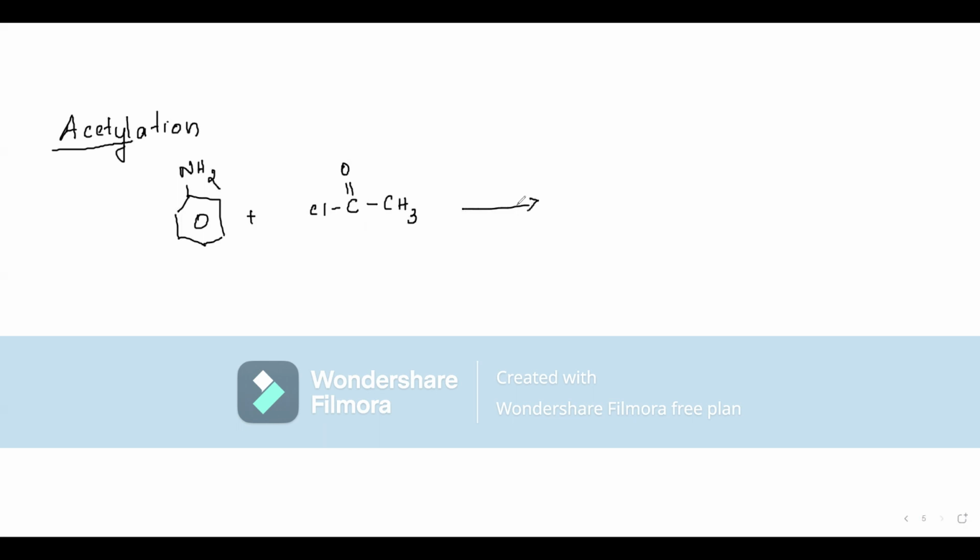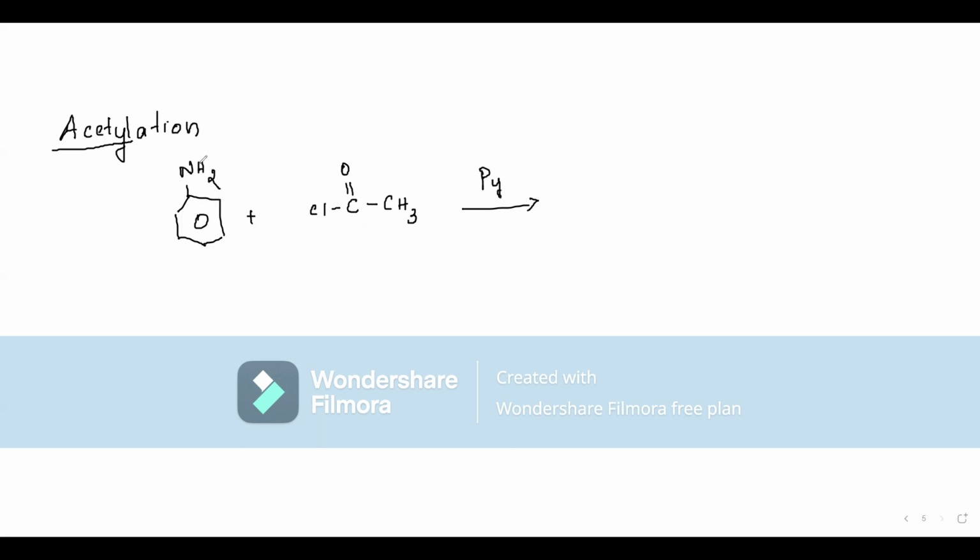Now, the next reaction is acetylation. We have studied this reaction also earlier, but we are repeating it using aniline. So this is aniline. For acetylation, we need to take acetyl chloride. What is acetyl chloride? CH3, C double bond O, Cl, and use pyridine, the base.